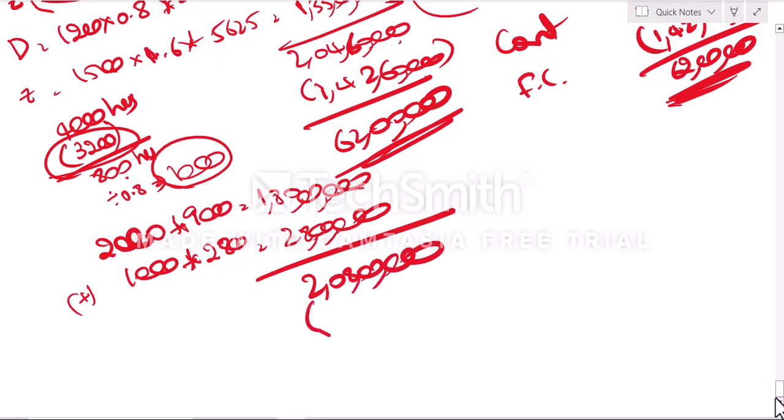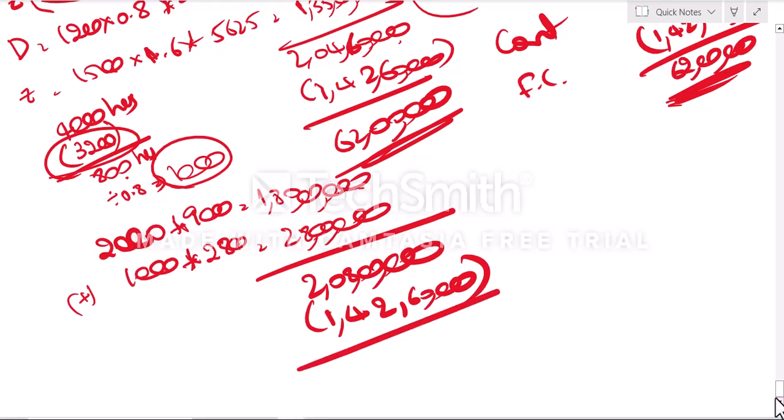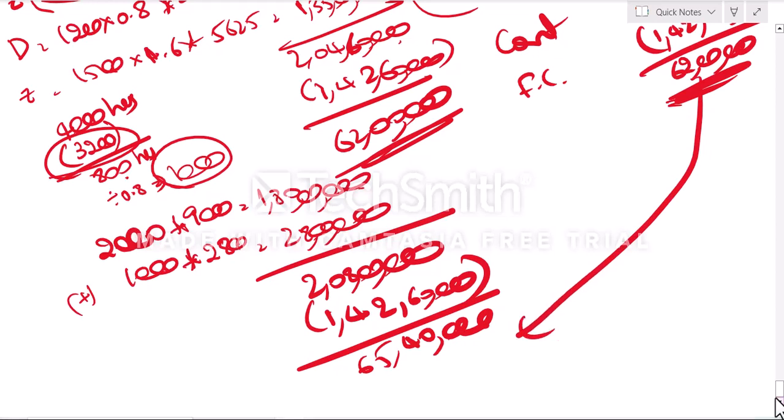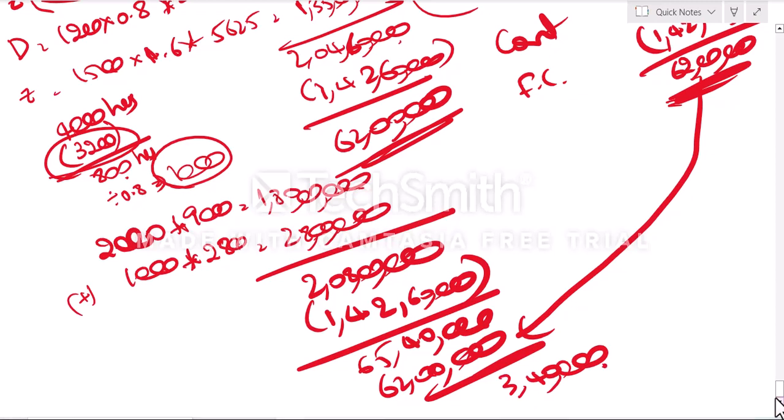Now reduce factory cost, 1 crore 42 lakh 60,000. 65 lakh 40,000, we must have got as profit. But here what is the profit? 62 lakhs. So see the difference between 65 and 62 lakhs: 3 lakh 40,000. Okay, understood.